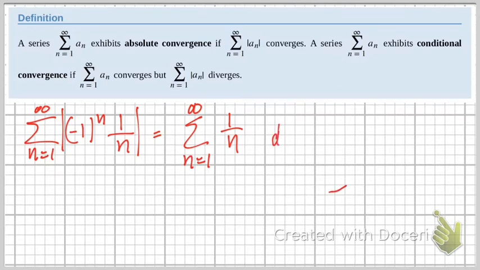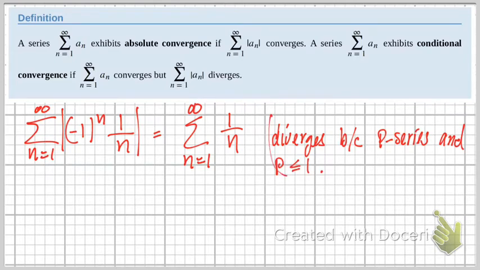So this diverges because it's a p-series and p is less than or equal to 1. So we know this diverges for that reason.